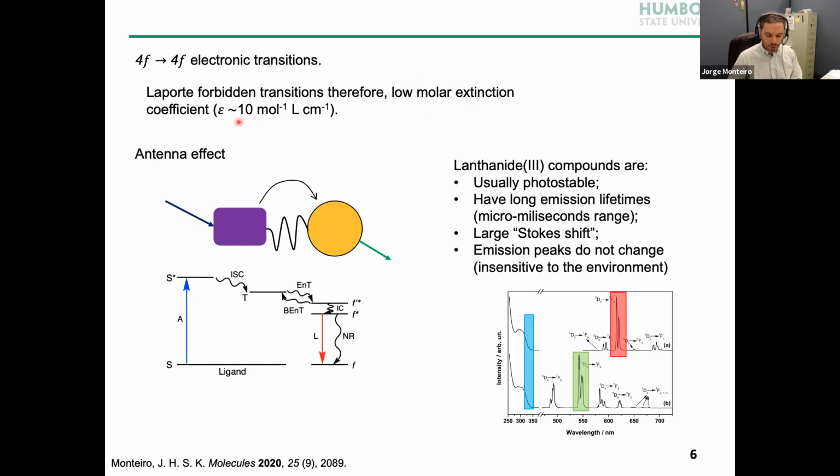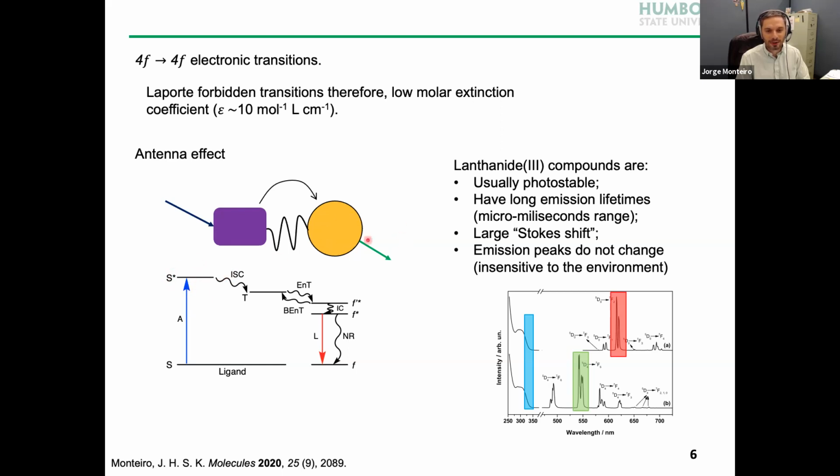The solution to go around this limitation is to coordinate a chromophore, an organic chromophore. Organic ligands usually have extinction coefficients around 10 to the third, 10 to the sixth. So they are capable of absorbing a lot of light and populating an excited singlet.